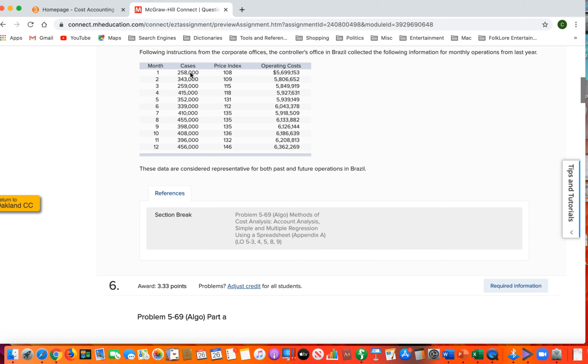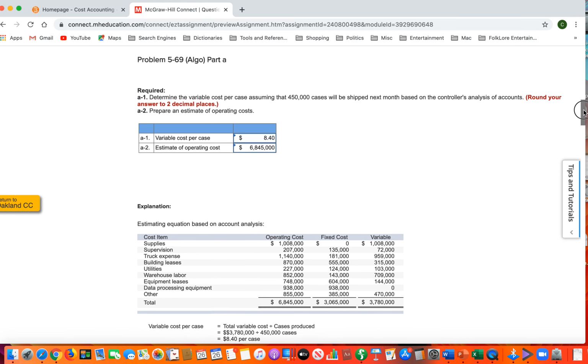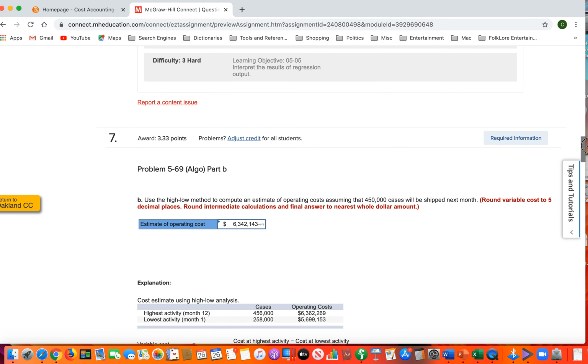Once you get the fixed cost, then you go with y equals a plus bx, right? So a would be 4,835,093 plus the variable portion, 3.34907 or 3.35x. And then we say x is 450 cases, which will give us a total cost of 6,342,175. Mine's a little higher because I took it to 5 decimal places.